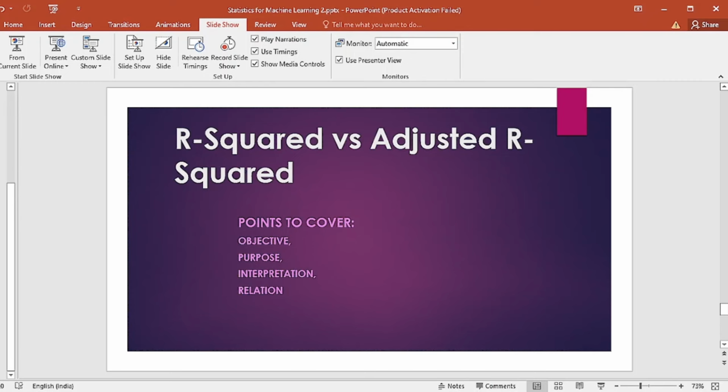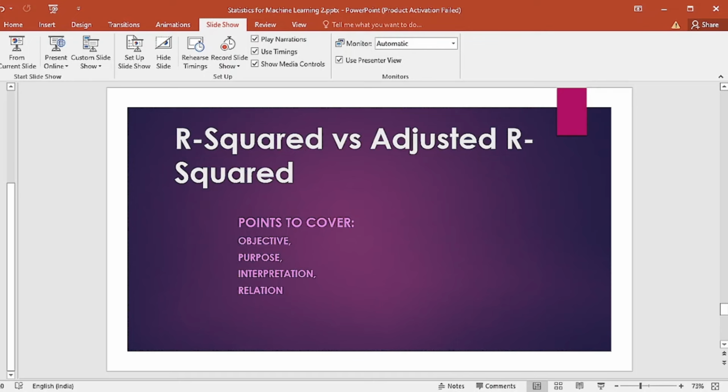R square versus adjusted R square, key differences: R square considers all the independent variables to calculate the coefficient of determination for a dependent variable, and adjusted R square considers only those independent variables that really affect the value of the dependent variable.